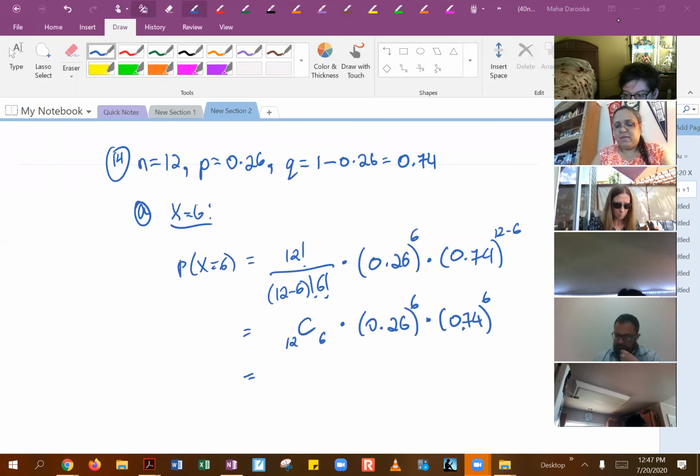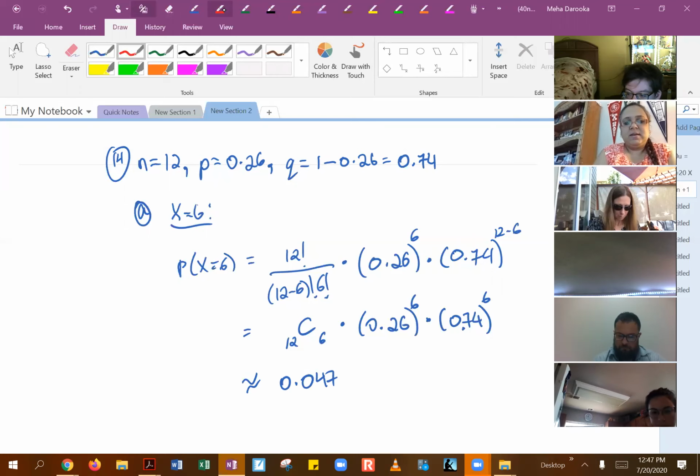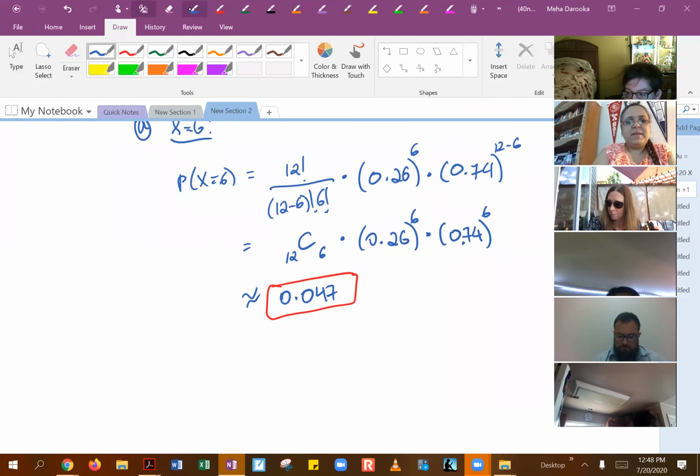So Jesus, you're giving me 0.0468708, okay? So 3 decimal places will bump it up to approximately 0.047 already. Very good. So it's still a pretty low probability that if you select 12 couples randomly, half of them would have a destination wedding, right? Because that's what, barely a 4.7% probability.